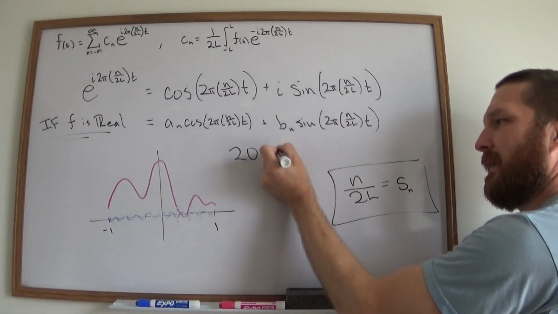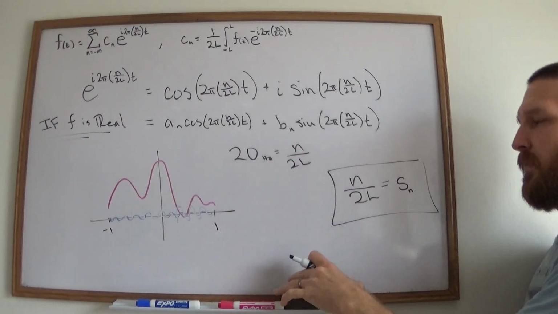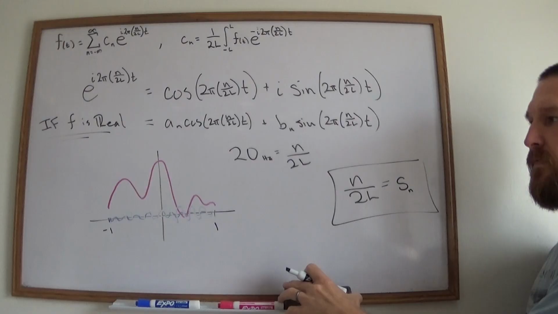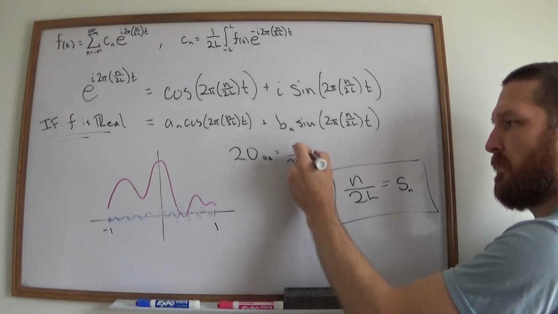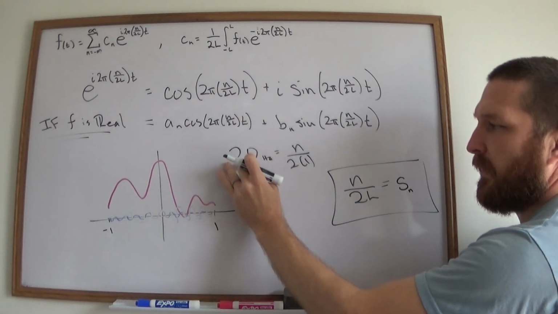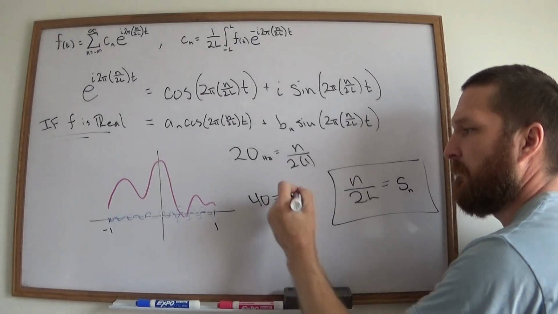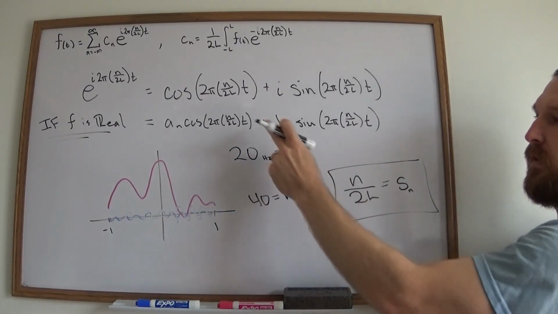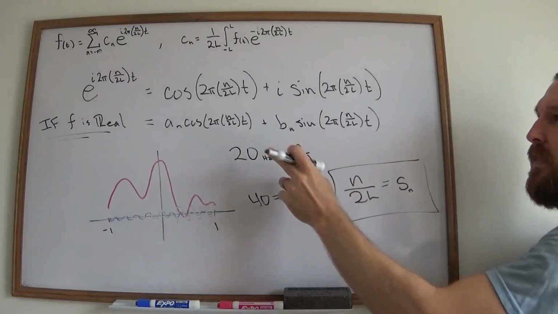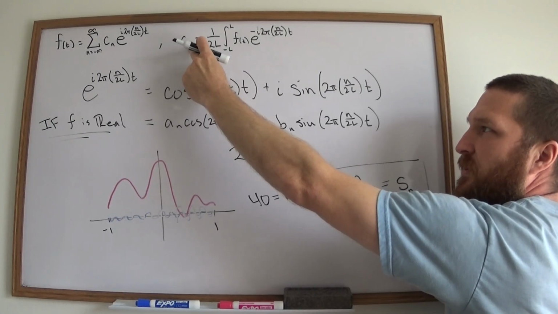Well, what I'm asking is, what value of n would that be? If L is 1, multiply across here, that's 2 times 1, which is just 2. Multiply across and we have 40. So when n is equal to 40, I plug in a 40 there, and then I could find out what that coefficient is.